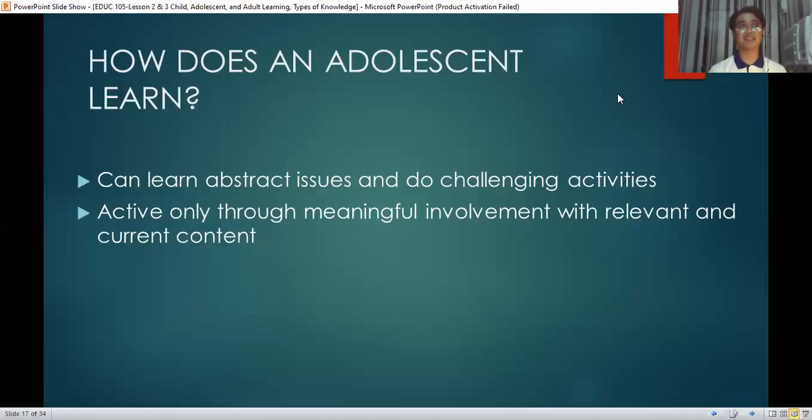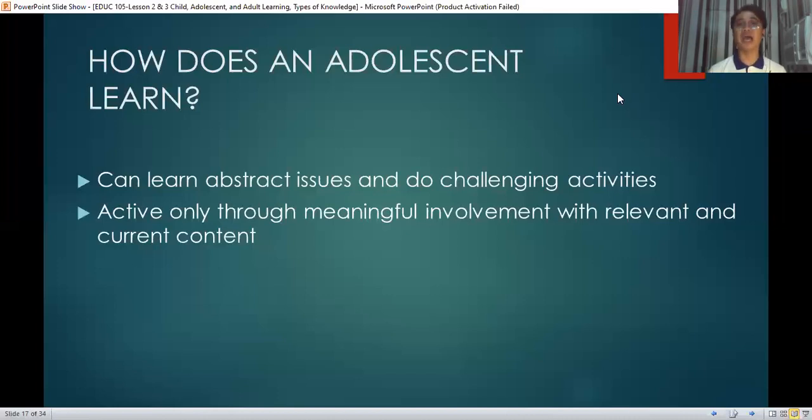Yung adult learners kasi, they have this, what we call intrinsic motivation. Okay, na kahit hindi sila interesado, pag alam nila yung importante, it's part of the lesson, makikinig sila because they want to finish something. They want to accomplish something. They know that they will fail. Unlike for adolescent learners, medyo impulsive when it comes to decision making.